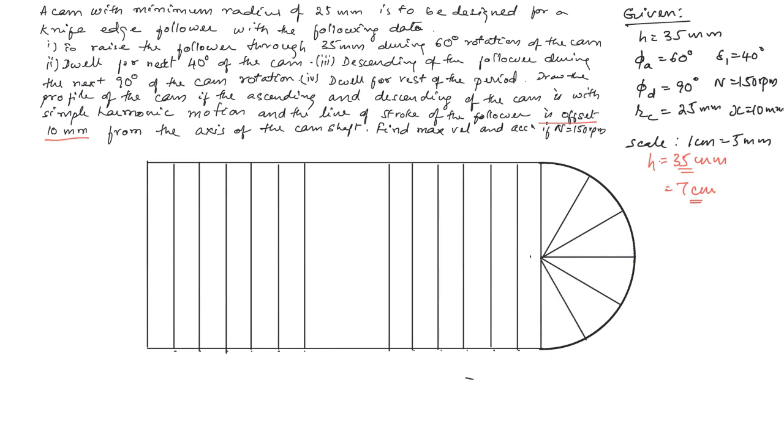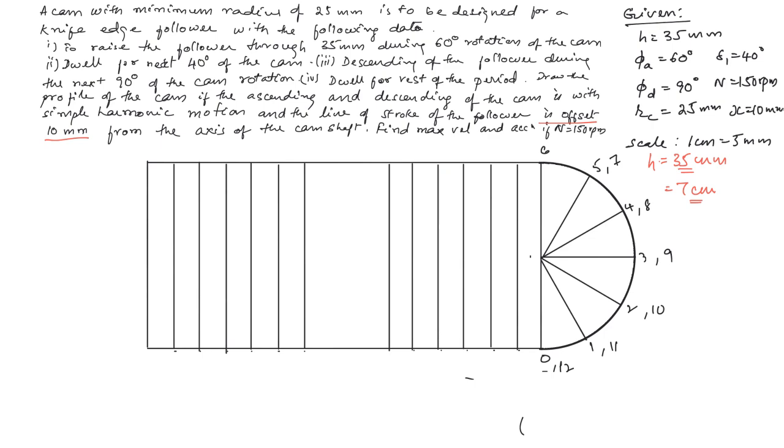Now we have divided it into 6 equal parts. Mark the numbers starting from here: 0, 1, 2, 3, 4, 5, 6. We will use the same semicircle for drawing the ascent as well as the descent of the follower, because both are of simple harmonic motion.